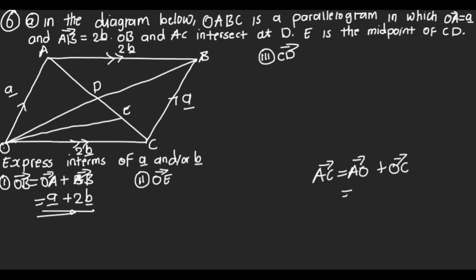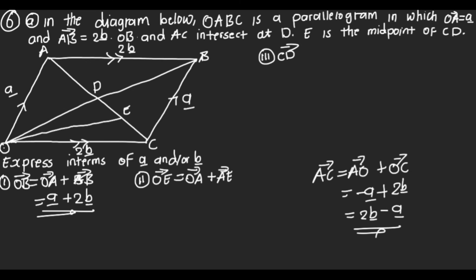Now vector OA is A. What of AO? We are moving against the arrow, so this will be negative A, plus OC, or C is just vector 2B, which is 2B minus A. So this is our vector AC. We have the vector for AC. Now for us to move from O to E, we'll move from O to A, then A to E. So we are going to say OA plus AE.